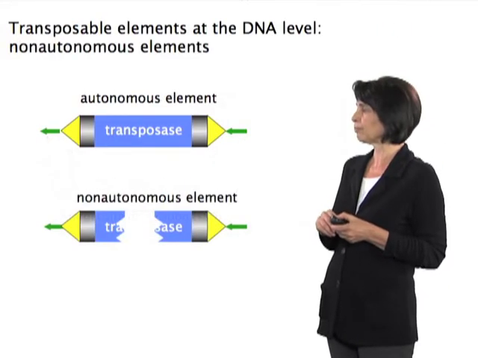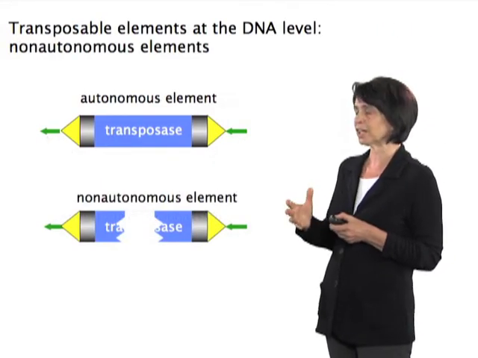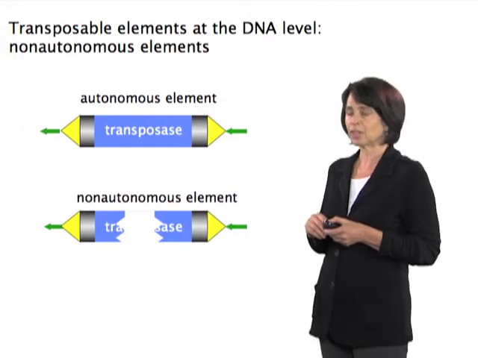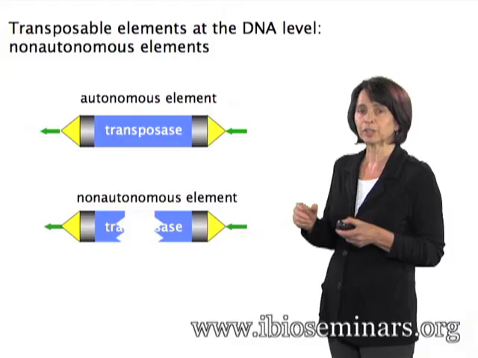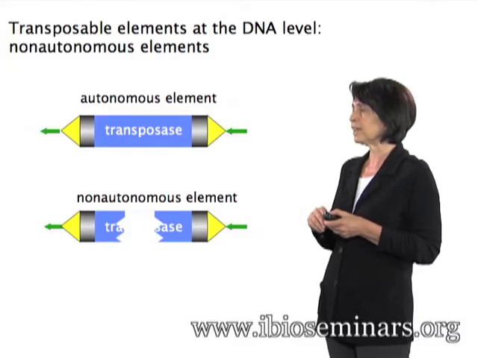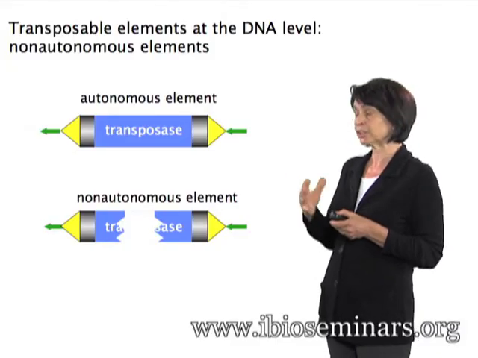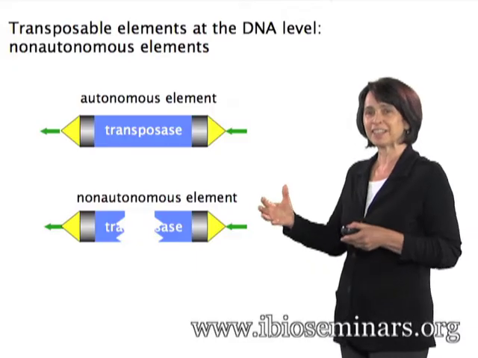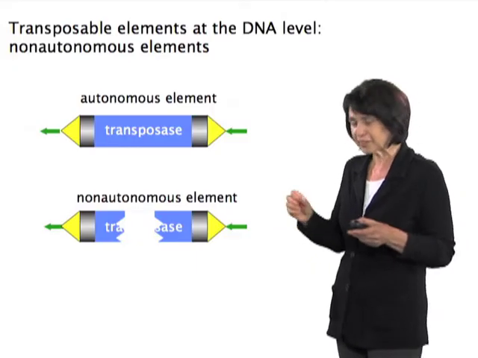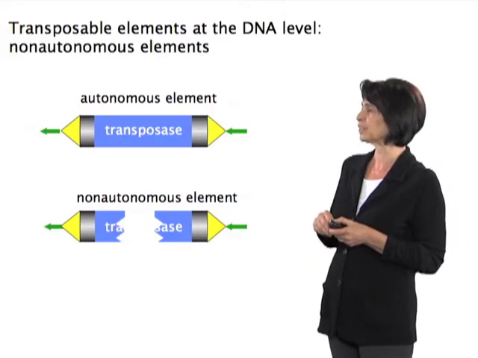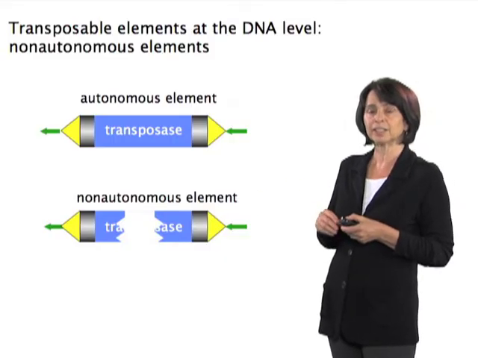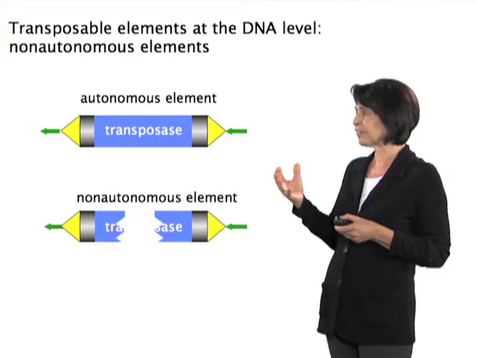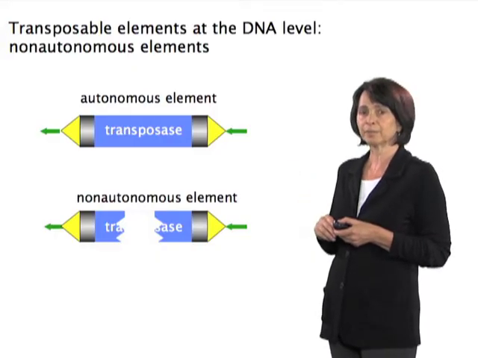So I mentioned that there are autonomous elements and non-autonomous elements. Non-autonomous elements cannot move on their own, and they require an autonomous element to provide the stuff needed to move them. You can see here that a non-autonomous element is sometimes, but not always, a defective version of an autonomous element.